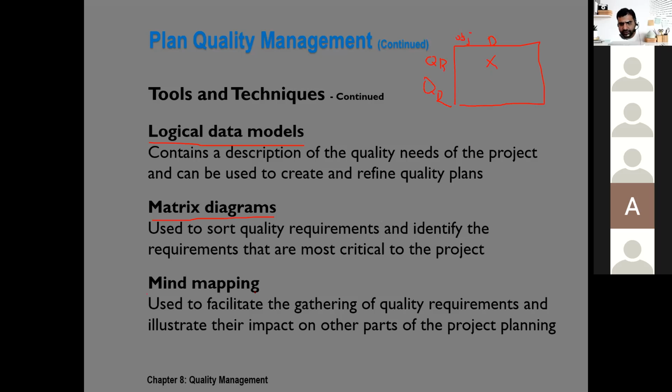Similarly, we can use mind mapping. Mind mapping talks about different quality requirements and their sub requirements in more depth, and also how important they are as compared to other project related requirements and activities. So this ugly diagram is a mind map.